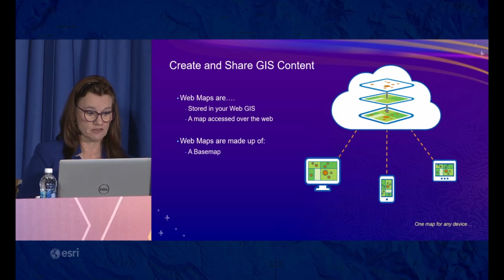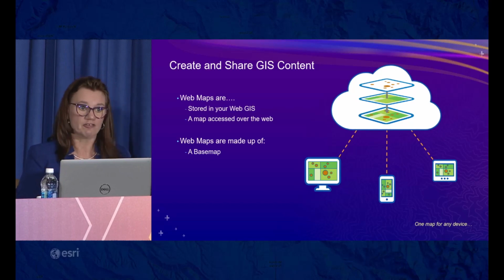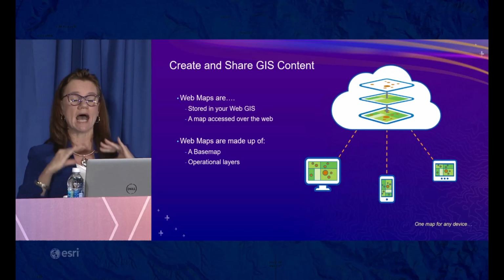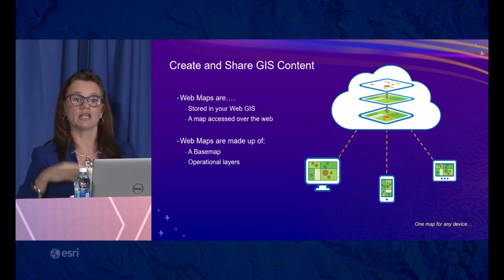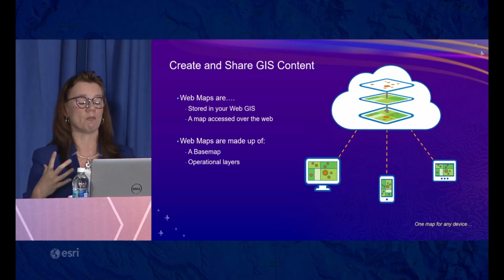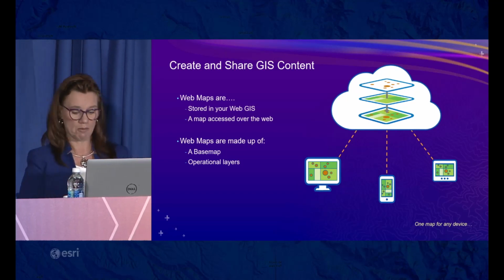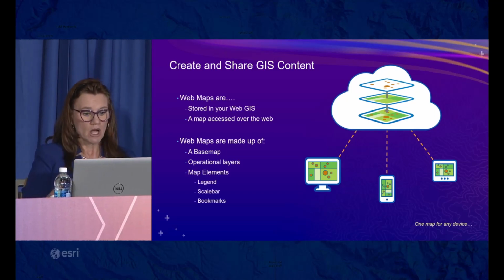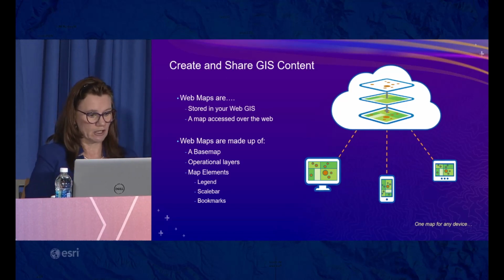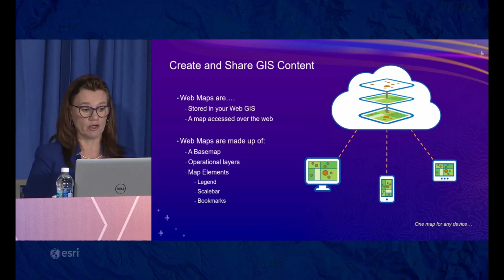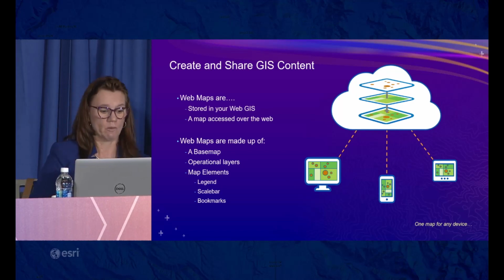For reference, we need a cartographically well-designed base map, and on top of that, we add our operational layers, the layers that carry the theme of our map, the layers that we may be editing, that we may be analyzing. And then, in addition, we can add additional elements like bookmarks, for example, to our web maps.